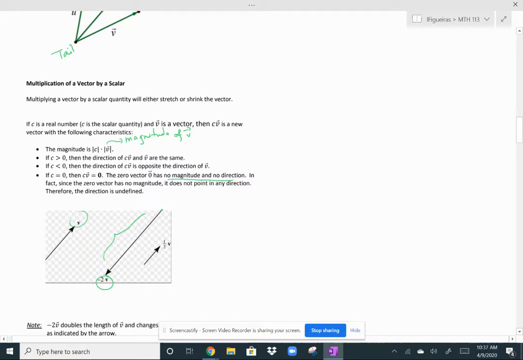So the tail is up here and the head is down below, which is the opposite of what you saw with v. And if you take 1/2 of v, well, 1/2 is a positive number, so the direction is the same, but the length is half of the original vector v.